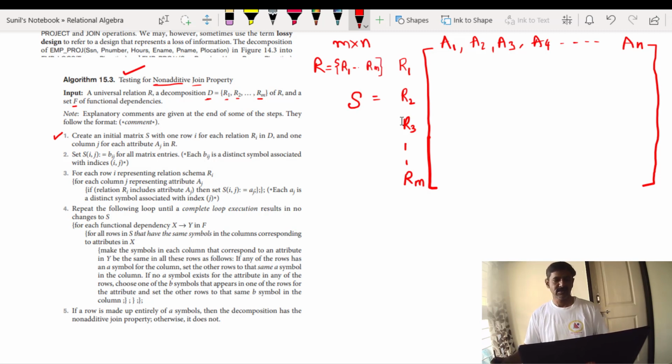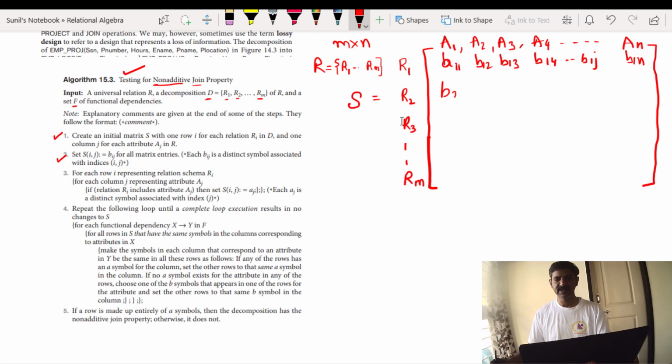Okay. Now that is the first step, and you have to say in the second step, for each element ij, you have to put bij. It means you will put b11 here, b12, b13, b14, somewhere here b1j, and up to b1n.